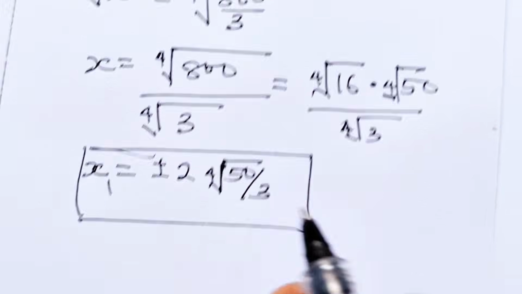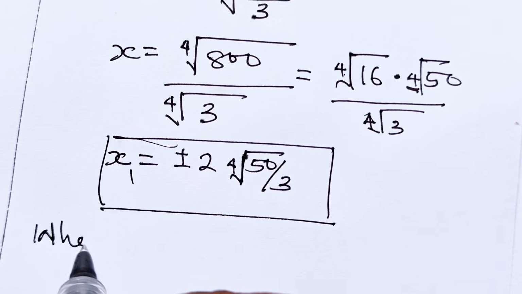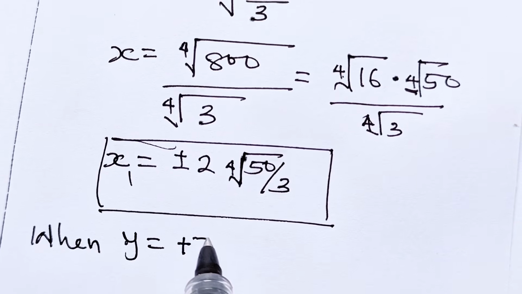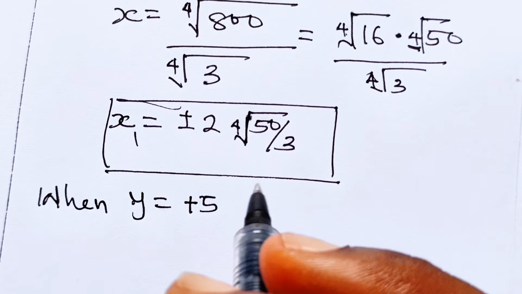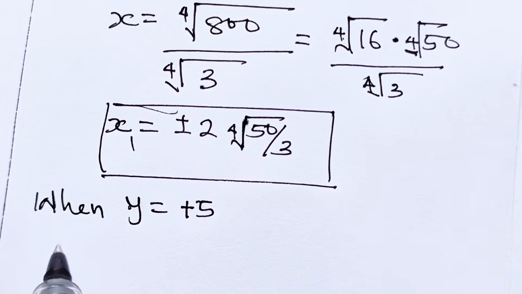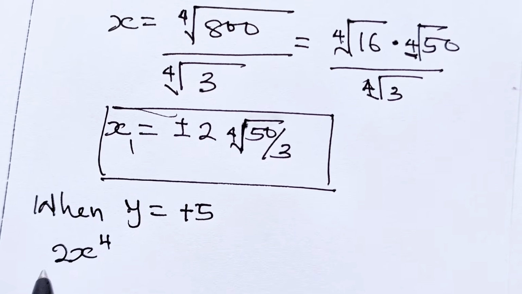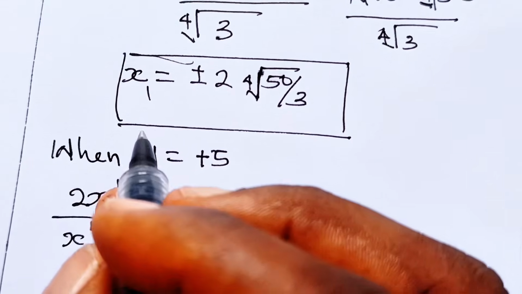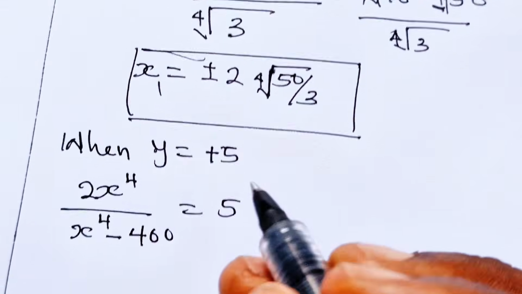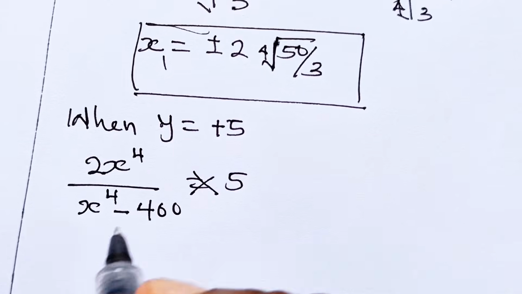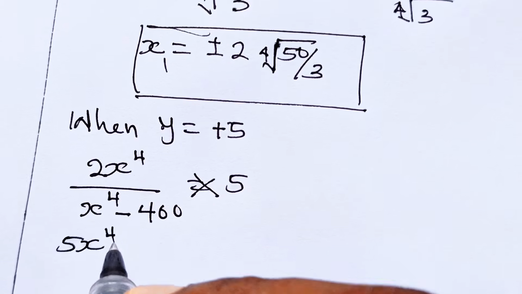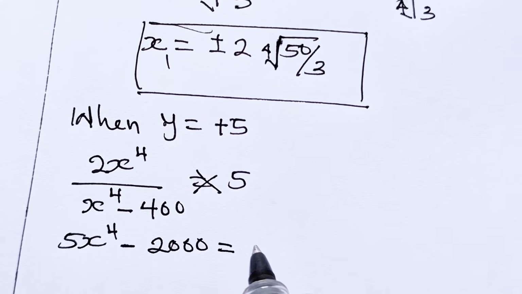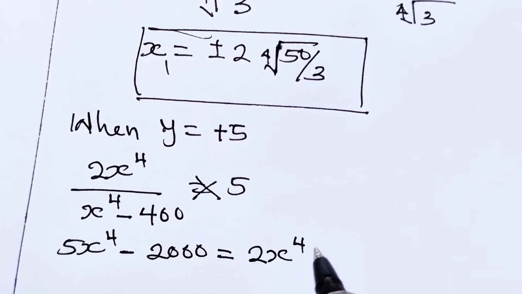Now, when y is equal to positive 5, we can say that 2x to the power of 4 divided by x to the power of 4 minus 400 is equal to 5. Then let's cross multiply. We have 5x to the power of 4 minus 2000 is equal to 2x to the power of 4.